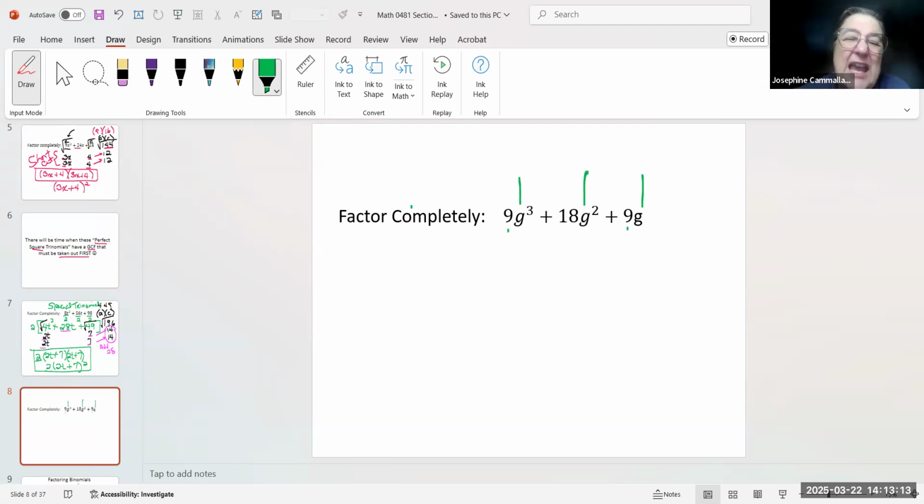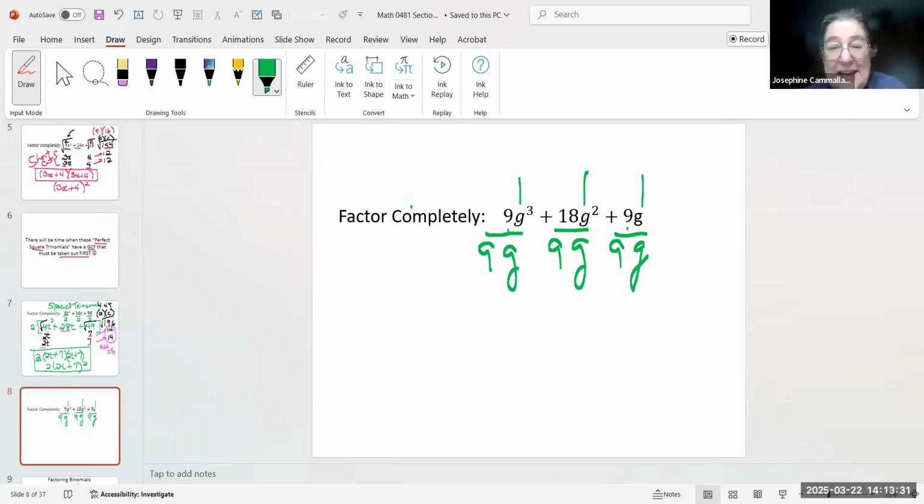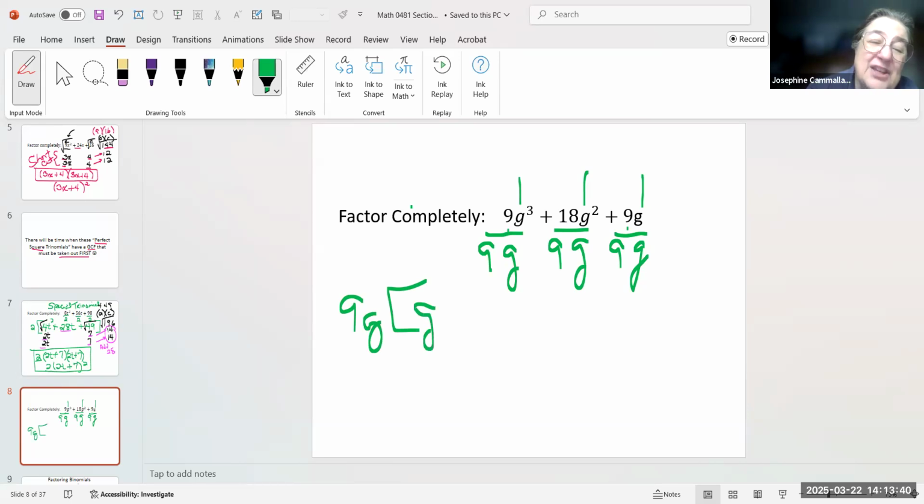That means I have a greatest common factor, definitely of G, but 9. It may not seem like that, but it is. So that means 9G is coming out. And what do I have? G squared plus 2G plus 1.